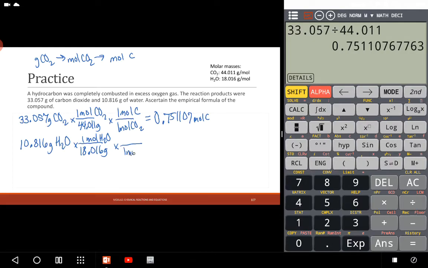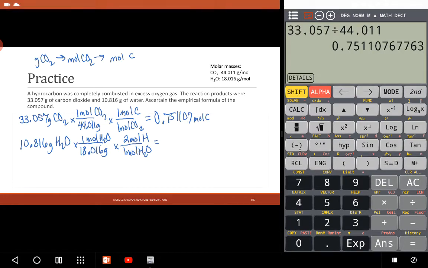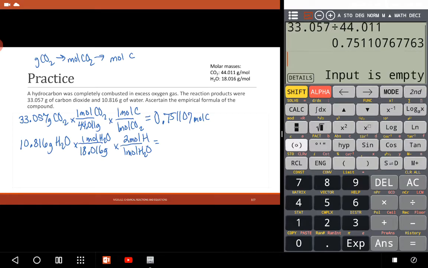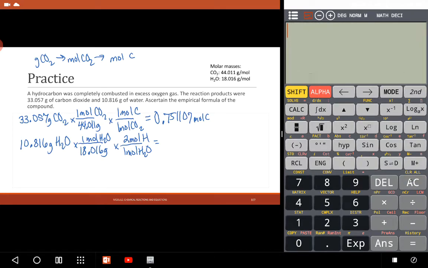For every 1 mole of water, I have 2 moles of hydrogen. So I'm going to store this number. Okay, stored as A.